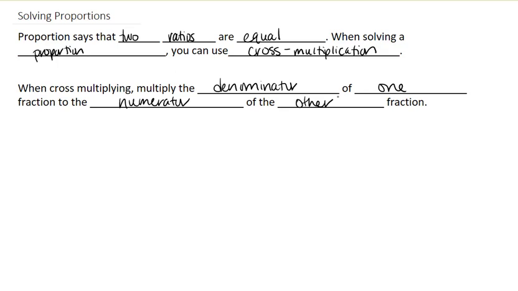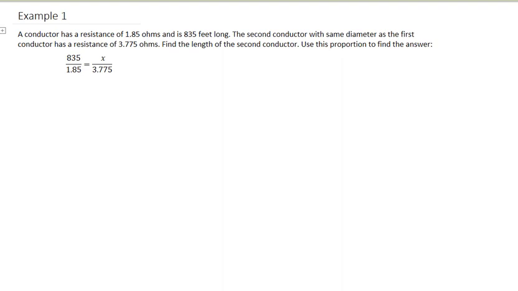So let's look at an example to see how we solve. Example 1. A conductor has a resistance of 1.85 ohms and is 835 feet long. The second conductor, with the same diameter as the first conductor, has a resistance of 3.775 ohms.